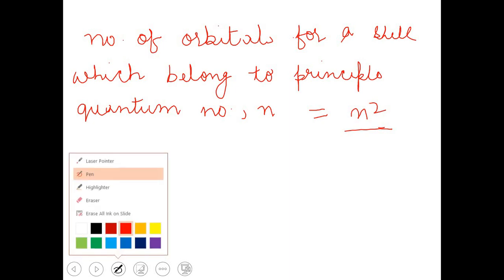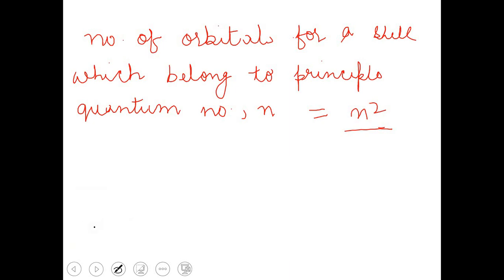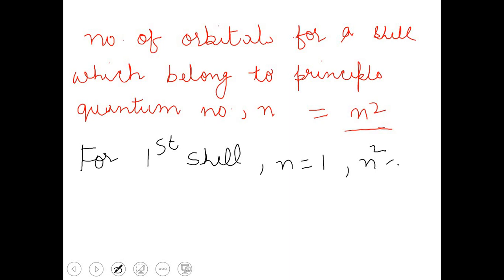For example, for the first shell, what is the value of n? For the first shell, n is equal to 1. So what will be n square? n square will be equal to 1. It means the first shell has only 1 orbital.